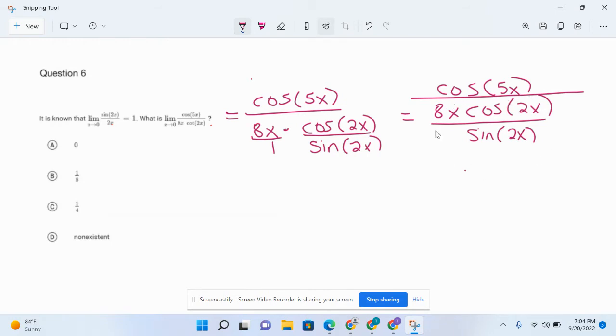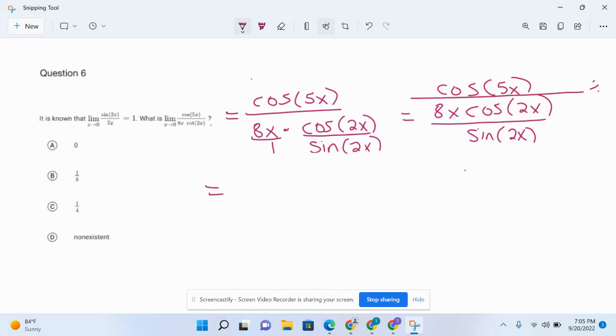To clean it up, I can think of it as cosine of 5x divided by 8x cosine 2x over sine of 2x. But when I think division, I can think of it as multiplying by the reciprocal.